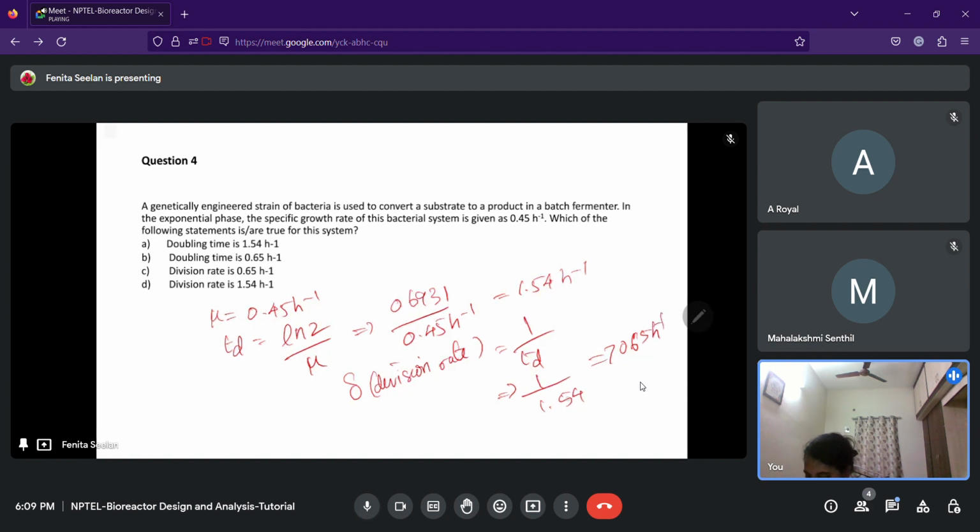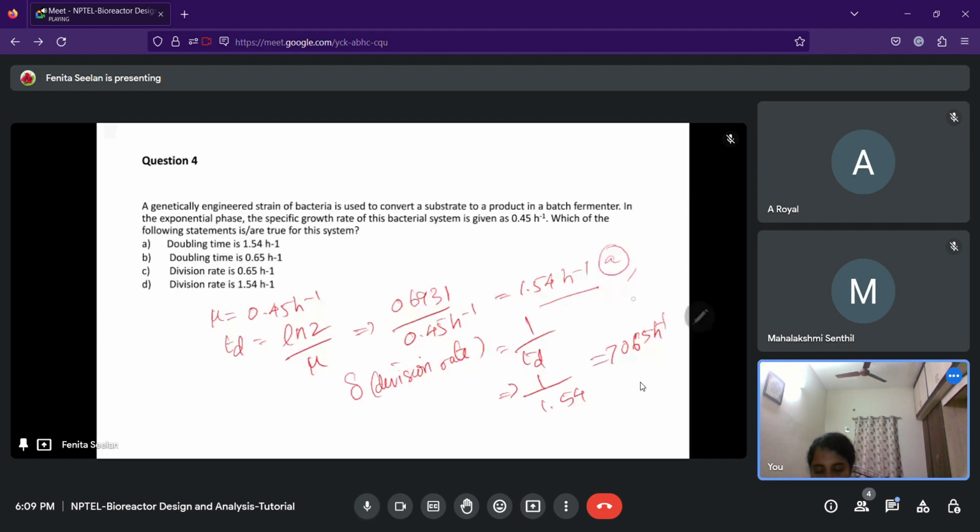So the doubling time is 1.54 hours, which is answer A, and the division rate is 0.65 per hour. So the answer is A and C.